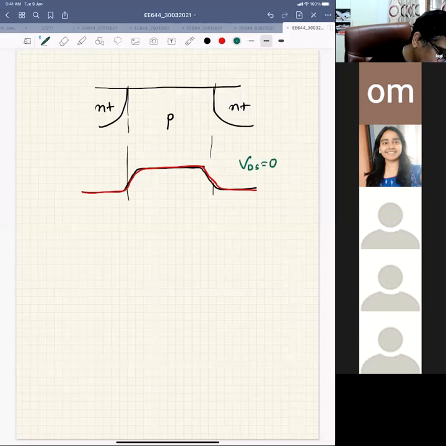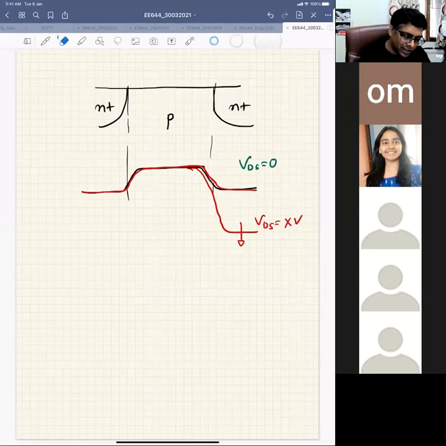If I increase the drain to source voltage, this will be pulled, so it will go like this. So this is at a different VDS, let's say VDS equal to some X volt.